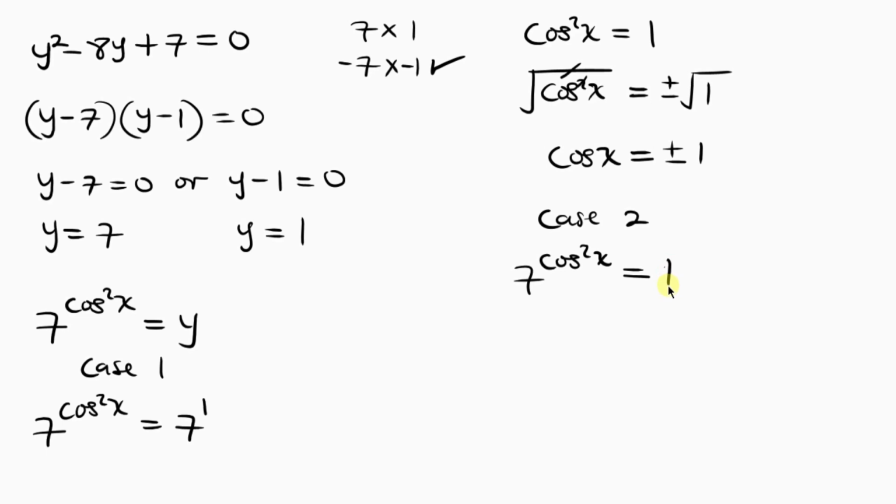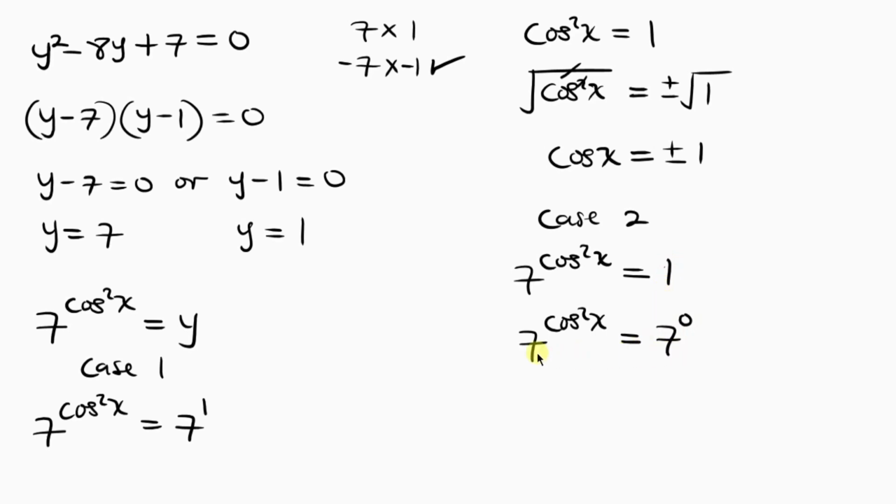We're going to be making the base the same. The base on the left is 7, so we can make the base on the right 7 as well. But when raised to power 0, we're going to be having 1. So we have 7 to the power of cos squared x equal to 7 to the power of 0. And remember, whatever value that we raise to a power of 0 gives 1.